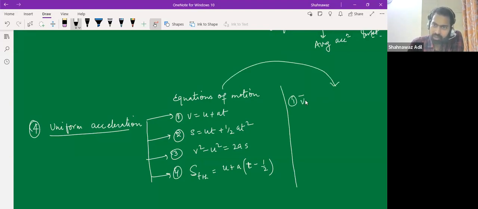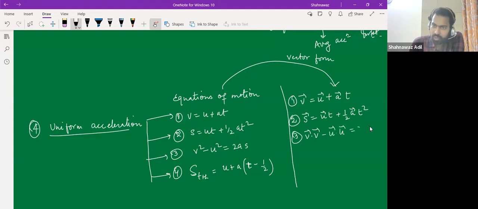This was in vector form. And the second equation was s, which is ut plus half at square. And then the third equation we solved was v dot v minus u dot u is equal to 2 a dot s.